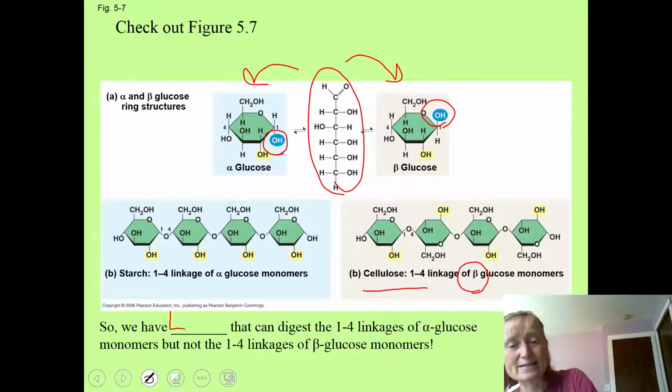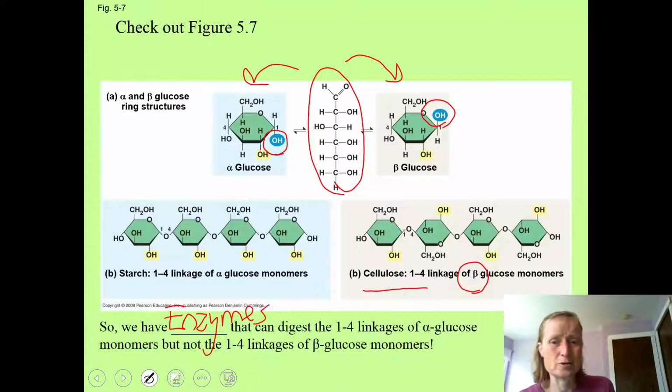Enzymes are special molecules that can break things down, right? We have enzymes that can digest linkages of the alpha glucose monomers in starch, but not the 1,4 linkages of beta glucose monomers found in cellulose. So we can't tap into the energy that some animals can.